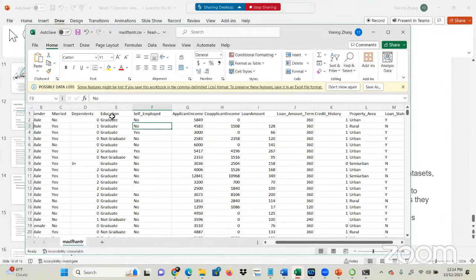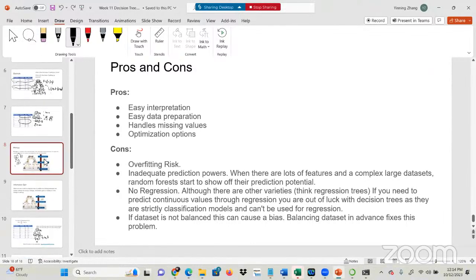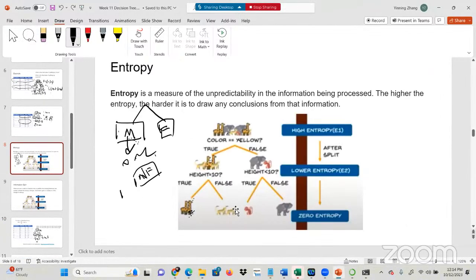So it doesn't come to the perfect result we showed in these pictures. In reality, the result is not perfect. Each leaf has the giraffe and other animals. Okay, I'll leave this for you to try after this class.